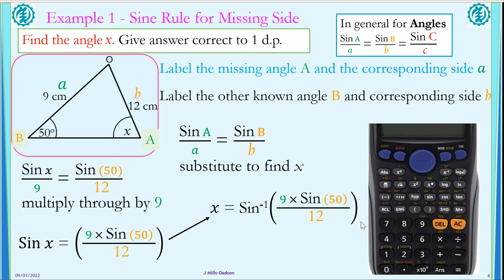And if you've done it correctly, the screen of your calculator should look exactly the same as what you see here. So I suggest you pause the video and practice that. Once you've got exactly what you see on your screen, then you hit the equal sign. So the answer is 35.1 degrees. Let's look at another example.